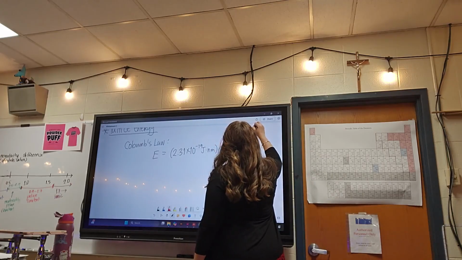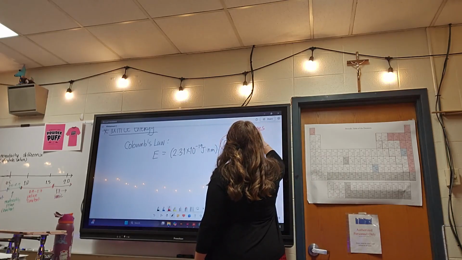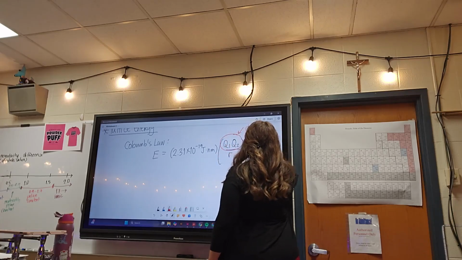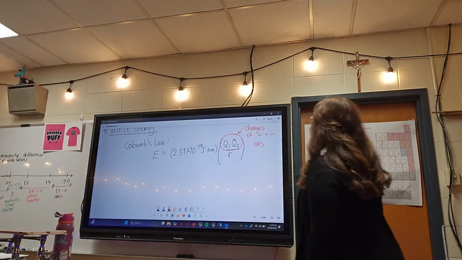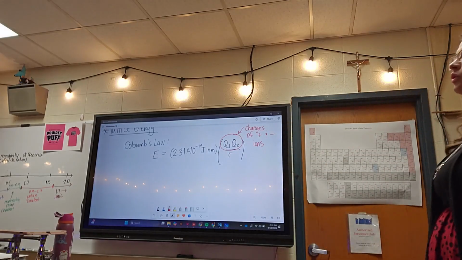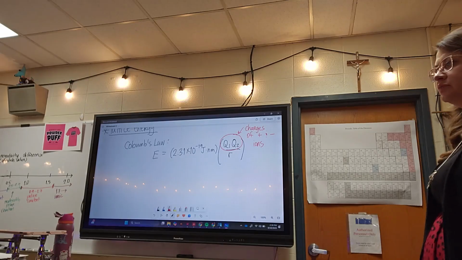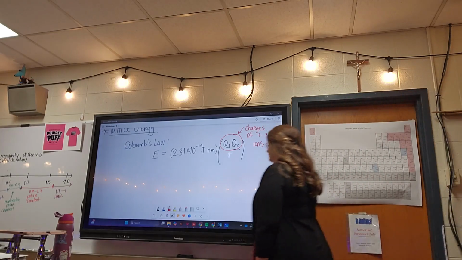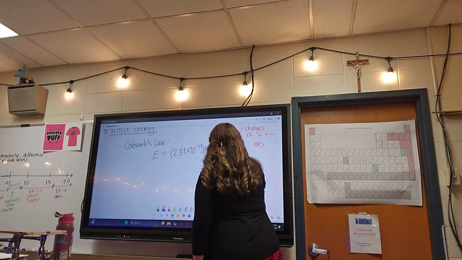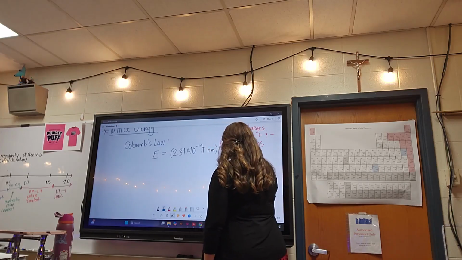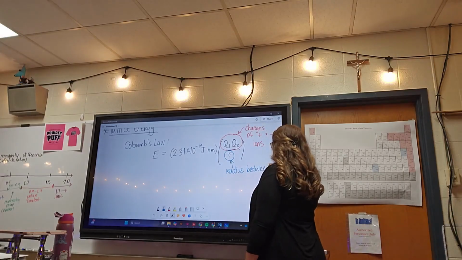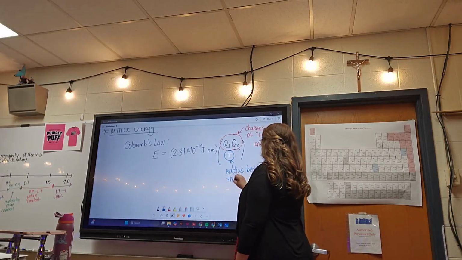Q1 and Q2 are the charges of your positive and negative ions respectively, and that's always going to be a whole number: +1, +2, -1, -2, etc. R is the radius, so it's the distance between the two atoms.